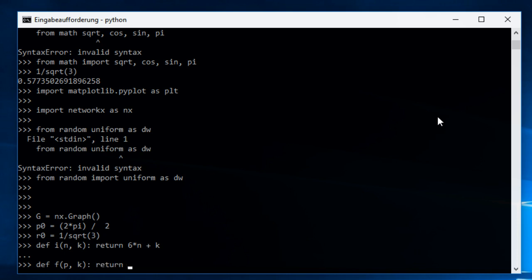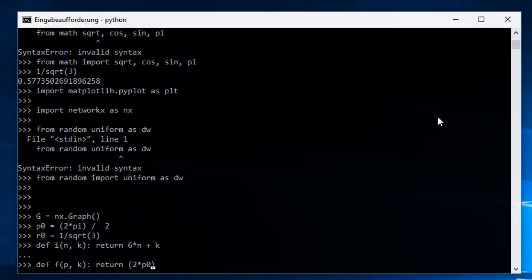So, and this will return 2 times our fundamental phase rotation of p0. Since there are 6 nodes on a ring and they are apart by 2 pi divided by 6, right? 1/6 of the circle, we need 2 times our fundamental rotation of 2 pi divided by 12.